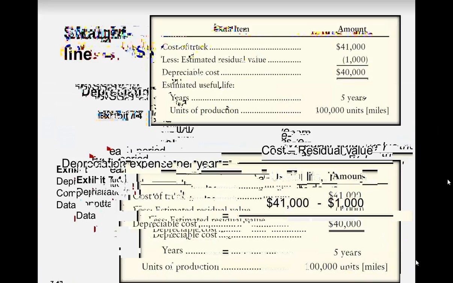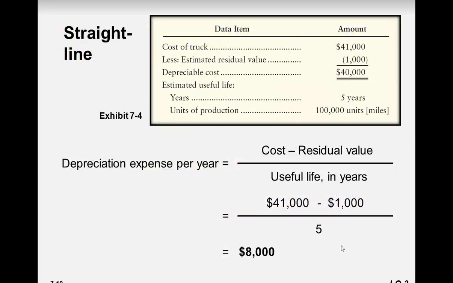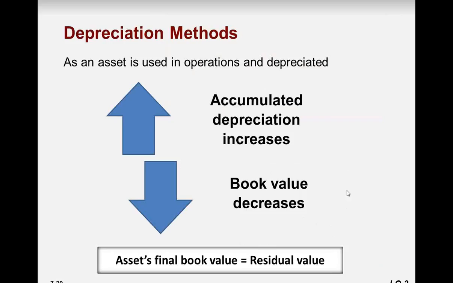At that point in time, that totals 40,000. So 41,000 sitting in my truck account less my 40,000 sitting in accumulated depreciation gives me only $1,000 carrying value or book value. So as an asset is used, its accumulated depreciation increases and its book value decreases. Just what I said in different terminology.